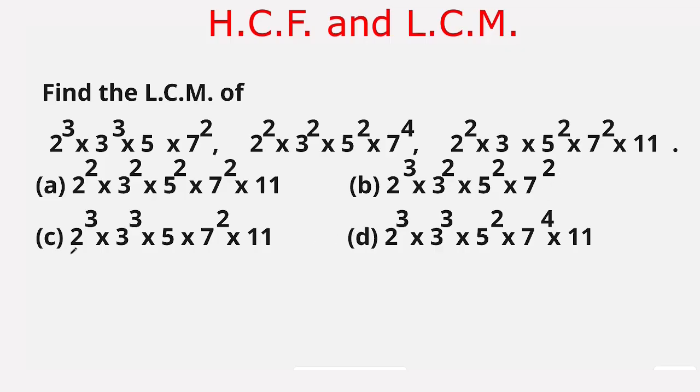Option C, 2 to the power 3 multiplied by 3 to the power 3 multiplied by 5 multiplied by 7 to the power 2 multiplied by 11. Option D, 2 to the power 3 multiplied by 3 to the power 3 multiplied by 5 to the power 2 multiplied by 7 to the power 4 multiplied by 11.